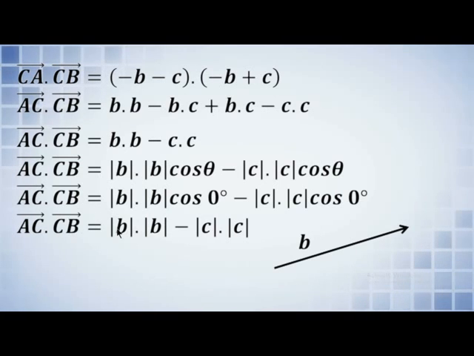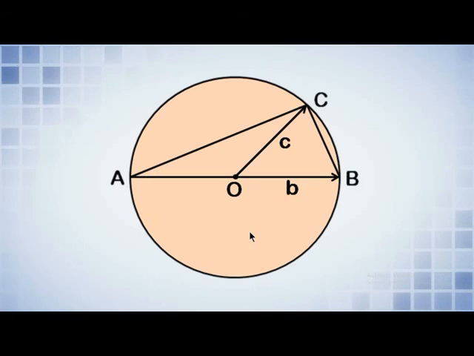AC dot CB equals magnitude B times magnitude B minus magnitude C times magnitude C. From this, you know that B is actually the radius and C is also the radius.